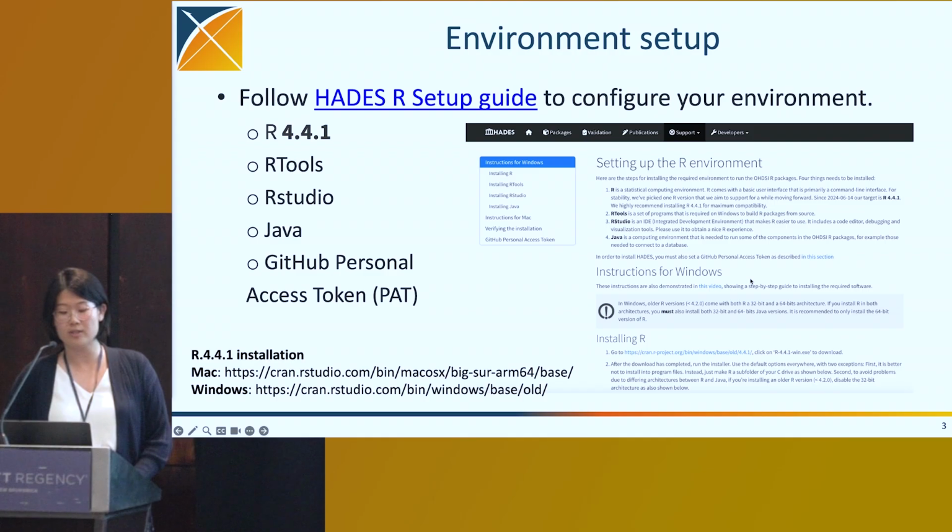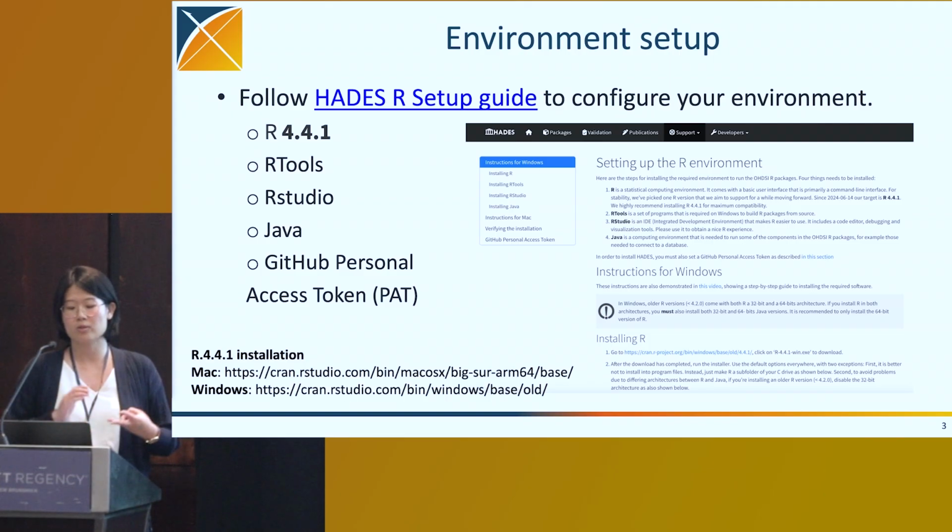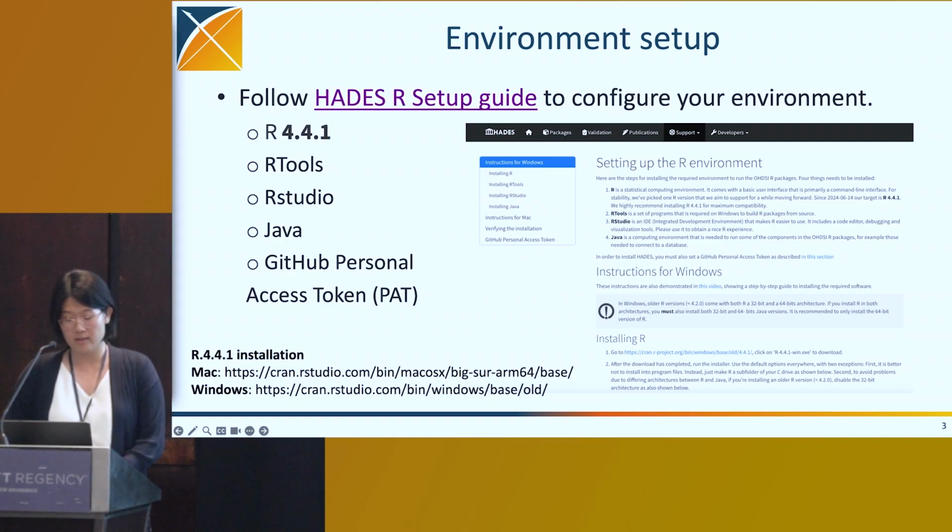I also shared the screenshot on the slide that will walk you through, depending on whether you're a Windows user or Mac user, where you can download R and which version, and RTools, RStudio, Java, and how to set up a GitHub token so that you can install many of the packages that we made available on GitHub. If I click here, you will get these slides, and the links are all there, and you can try that out when you are back home or when you need to design a study.